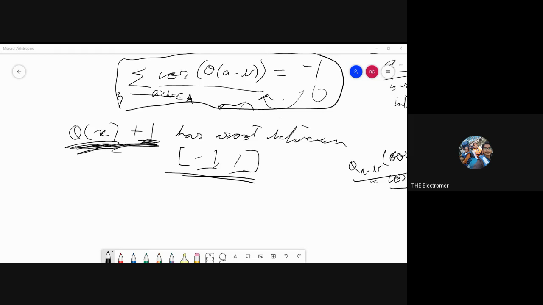In the expansion of cos of n theta where n is odd, is there a constant term? I don't think there's a constant term.